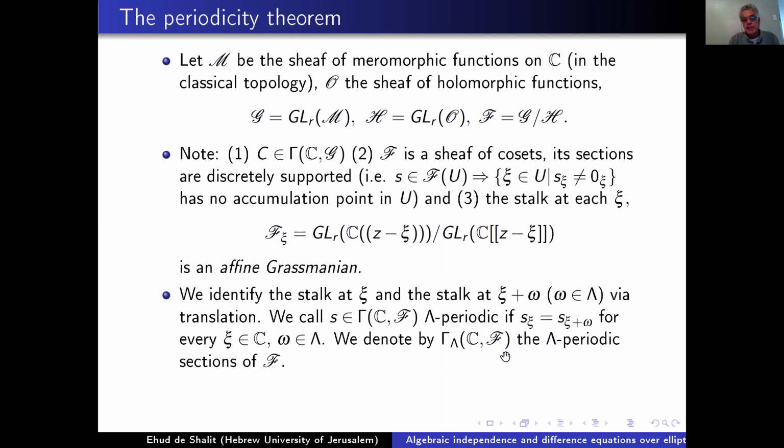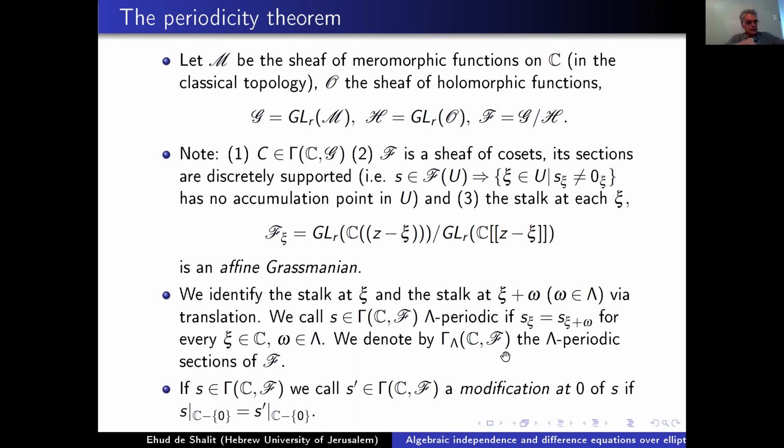Now, there's another structure, and this is that we can translate from xi to xi plus omega, say if omega is in the lattice, and therefore we can identify the stalks at xi and xi plus omega, so we can talk in each of these cases about lambda periodic sections. And we denote the space of lambda periodic sections of G, H, or F by gamma sub lambda, and we will be especially interested in gamma sub lambda of F, the lambda periodic sections of this sheaf of cosets.